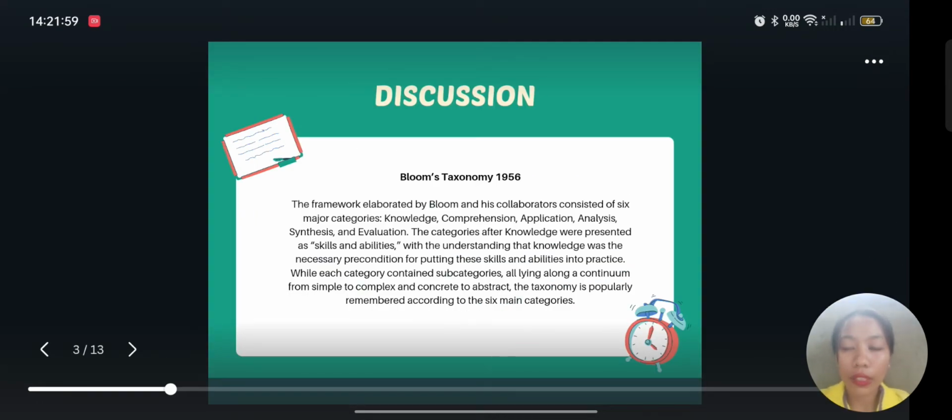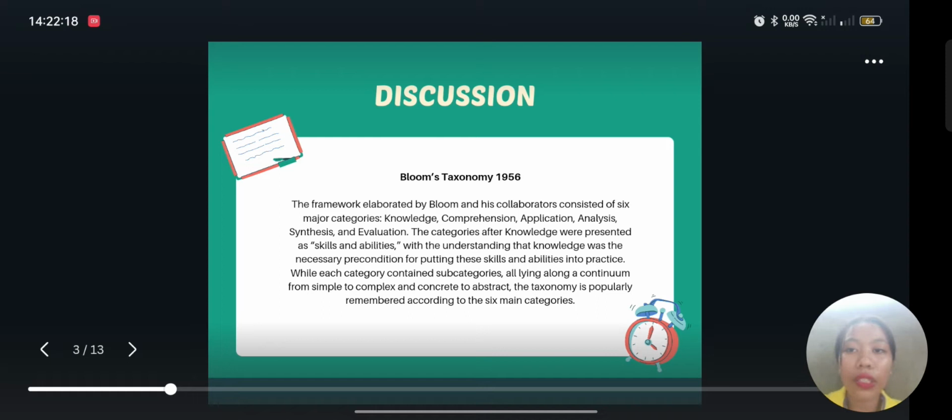So let's go to the discussion. The old Bloom's taxonomy, 1956. The framework elaborated by Bloom and his collaborators consisted of 6 major categories: knowledge, comprehension, application, analysis, synthesis, and evaluation.